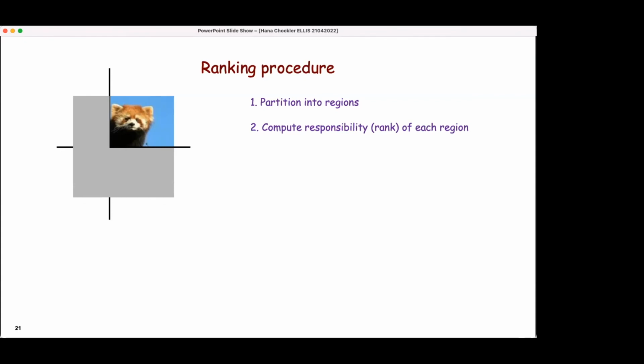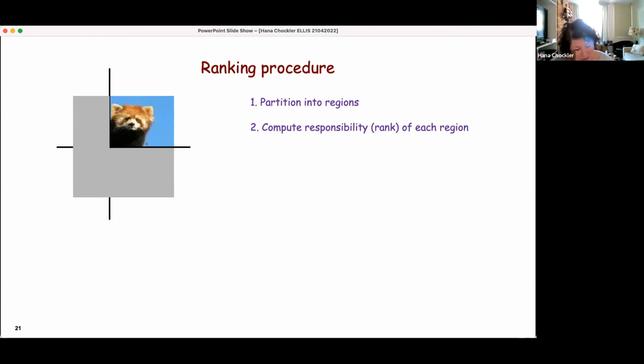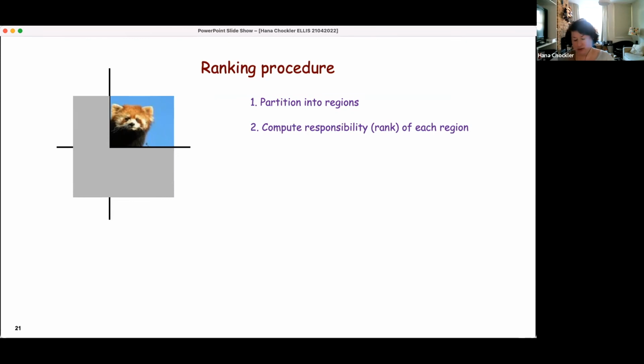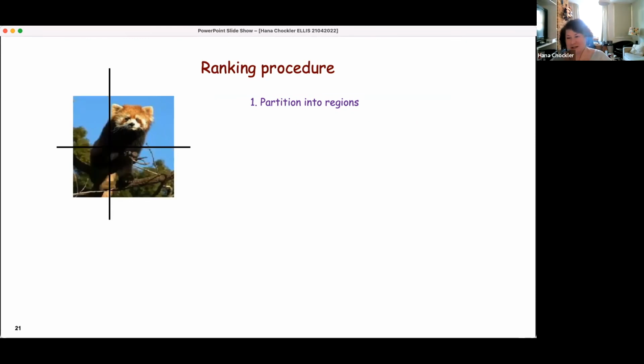Yeah. So my question was regarding this same procedure, the ranking procedure, and I wanted to understand how the ranking is done. How is the ranking done? Okay, so I'm on the right slide for that. We take the image for ranking, right?